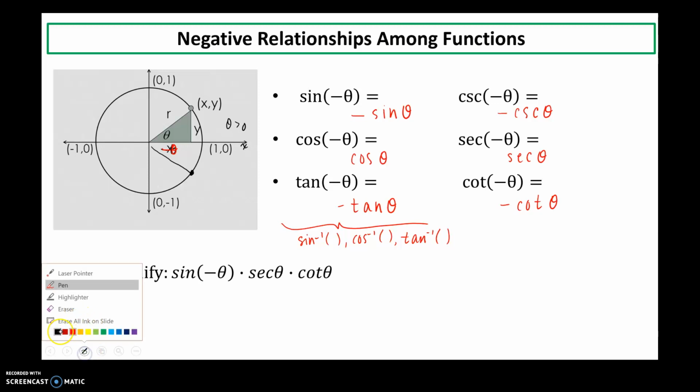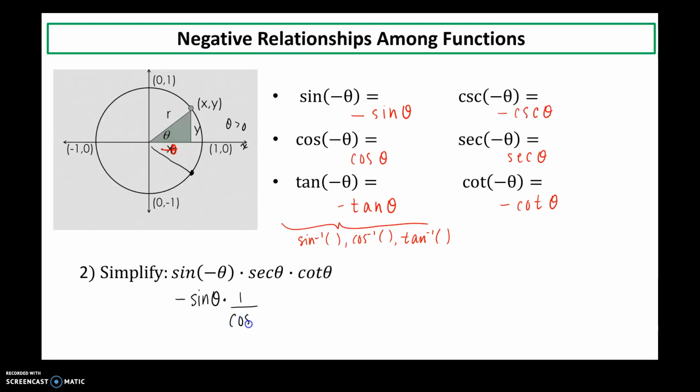Okay, so now to simplify, sine of negative theta is equal to the opposite of the sine of theta. Secant is the reciprocal of my cosine function, so I'll write that as 1 over cosine. And now tangent, I'm going to do the one that isn't helpful first. I'm going to rewrite cotan as 1 over the tangent. It's not incorrect, it just doesn't do anything as far as simplifying is concerned.